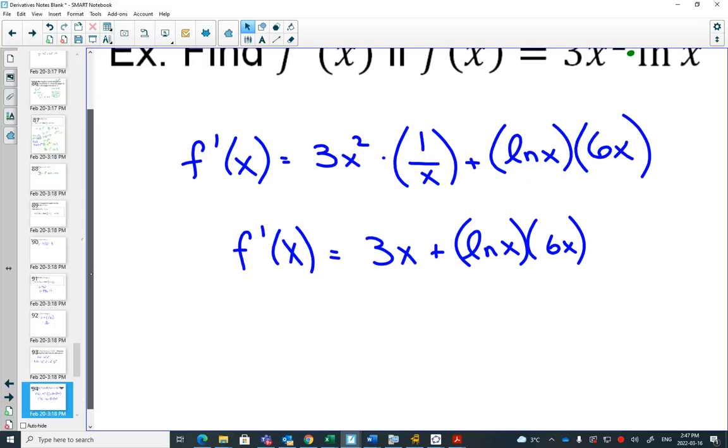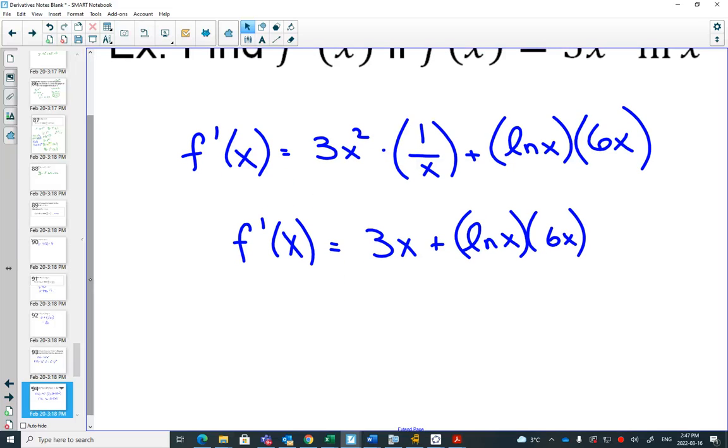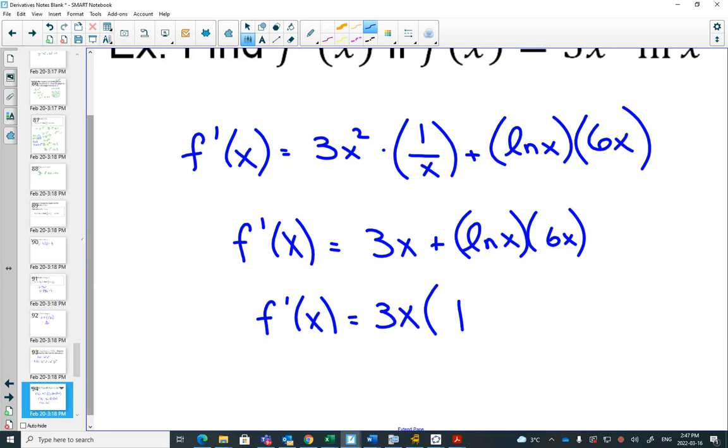Oh, you don't have to write this down. Can I play with this? See different ways that we could rearrange this? So if I was playing with this, I would factor out that 3x, leaving me with 1 plus natural log of x just times 2, which I could play around with.